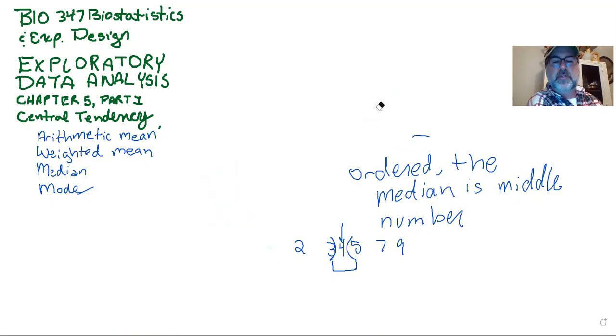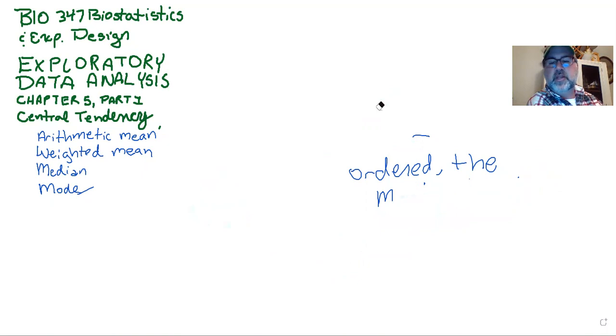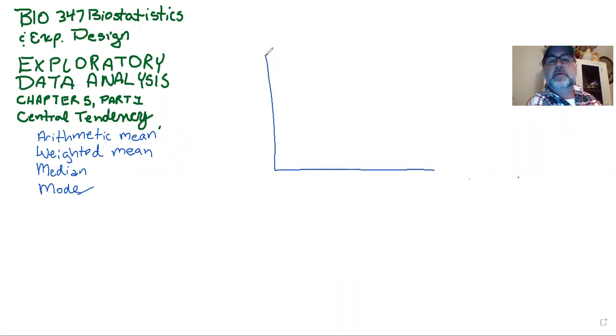So often the average is used when the data are more or less normally distributed, okay? When data are normally distributed, okay? So here's the frequency, and here's values of X. And normal might look like this, okay?